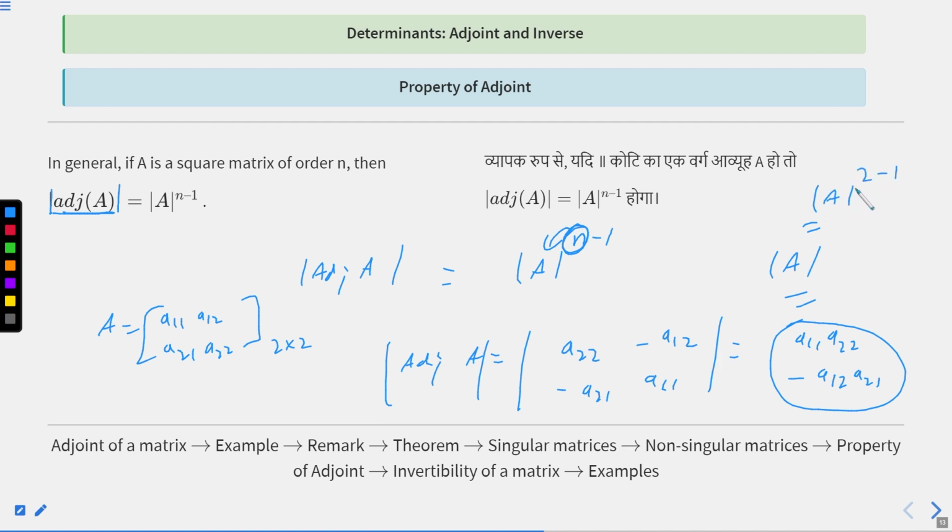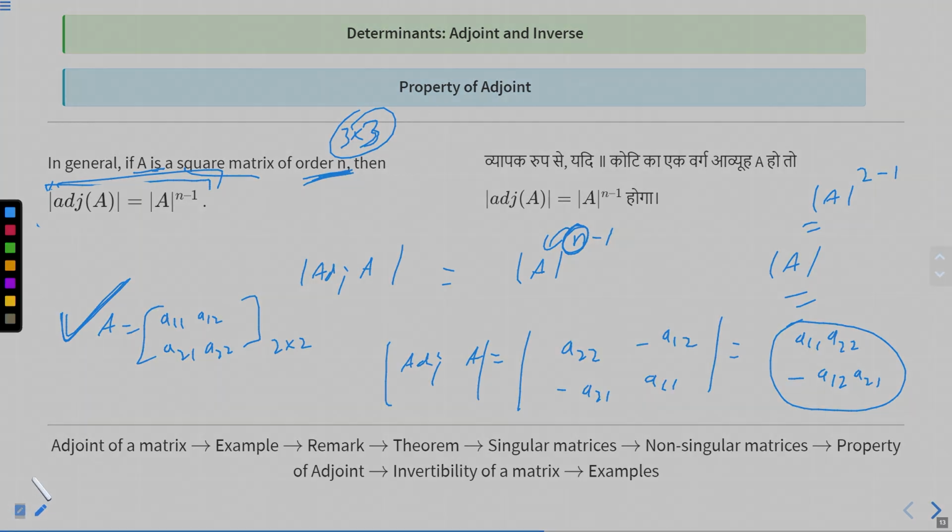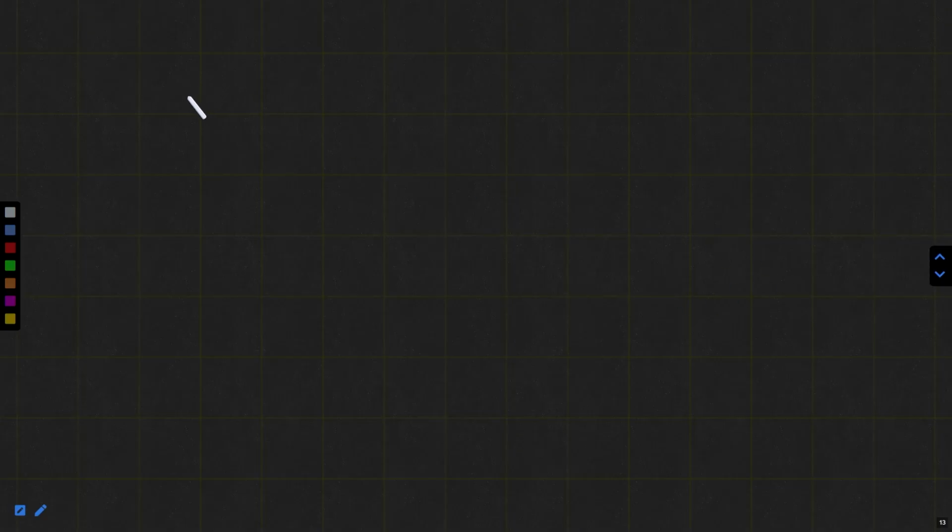This is what is happening. I hope that it is clear. So this is for 2 cross 2. The same way you can do it for 3 cross 3. But it is true in general, a square matrix of any order will follow this pattern. Okay, so let me once again recall what we came across so far.